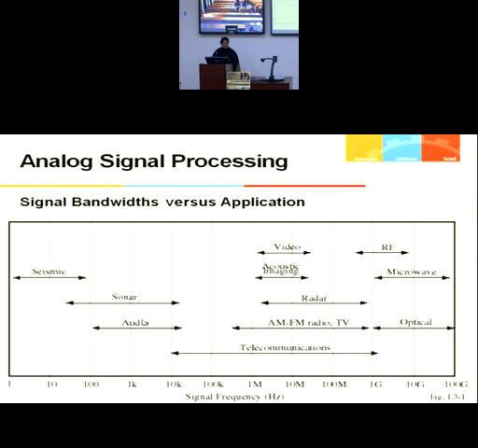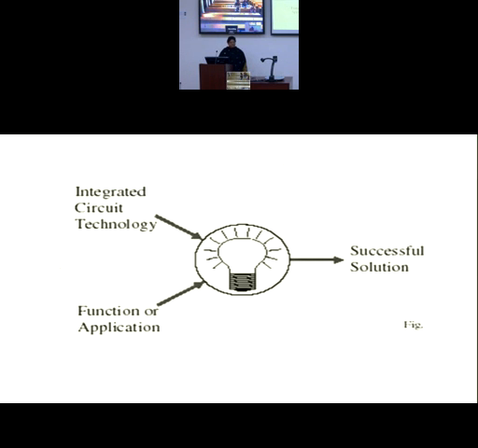A good idea of this will be necessary for you to understand what you are designing and why you are designing, and for what range you are designing. Naturally, when you work, you take two inputs and then produce a successful solution. This part is the designer.